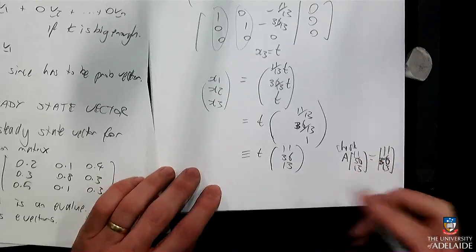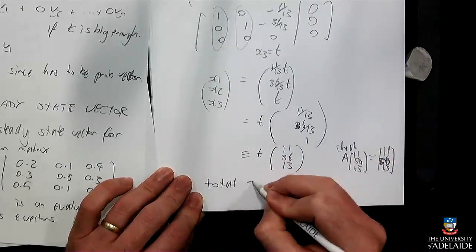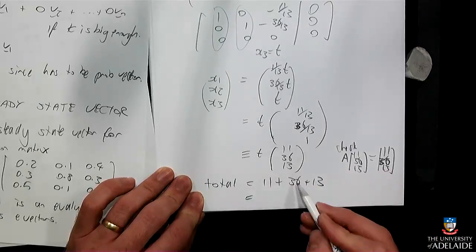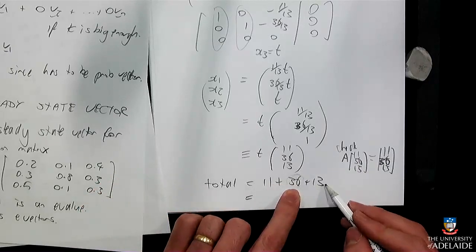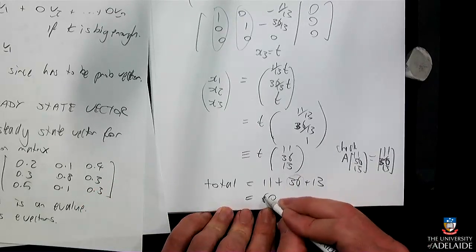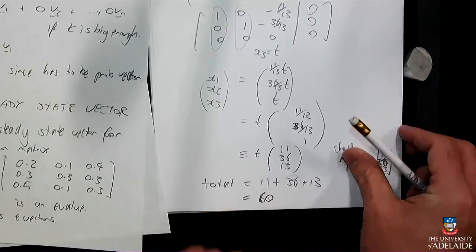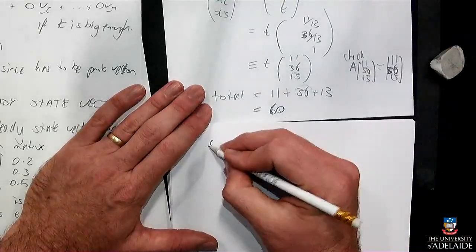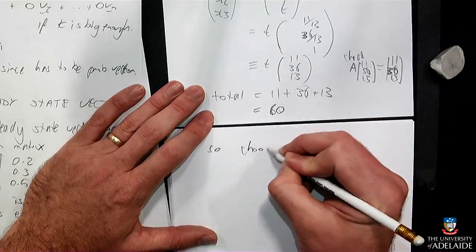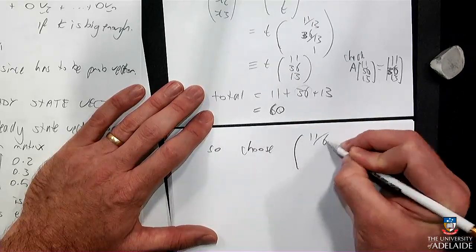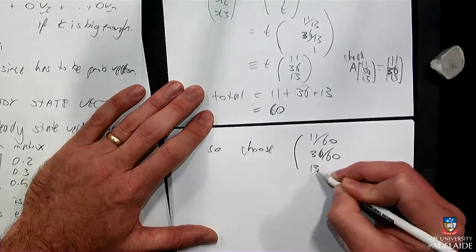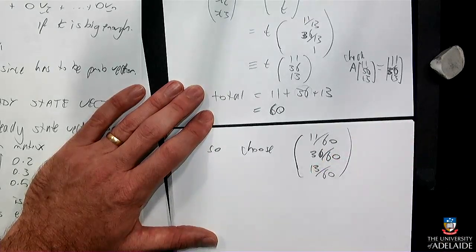So the total is 11 plus 36 plus 13, which is currently, let's see, that's 49, 50, 60. Cool. Okay. And so we're going to choose this vector. That's the steady state.